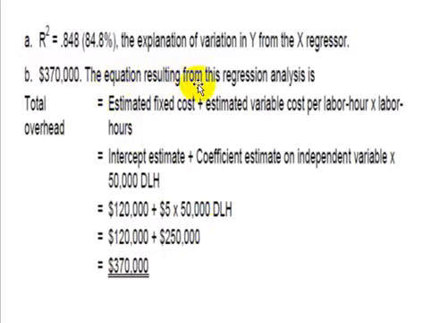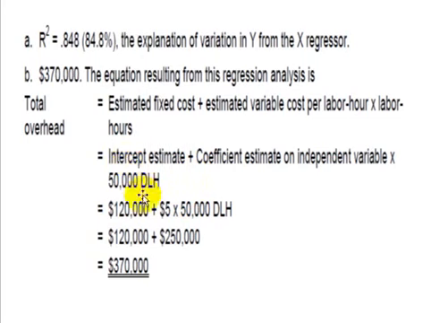The equation resulting from this regression analysis is total overhead equals estimated fixed cost plus estimated variable cost per labor hour times activity level, or labor hours. We can say intercept estimate plus coefficient estimate on independent variable times the activity level, in this case 50,000 direct labor hours.